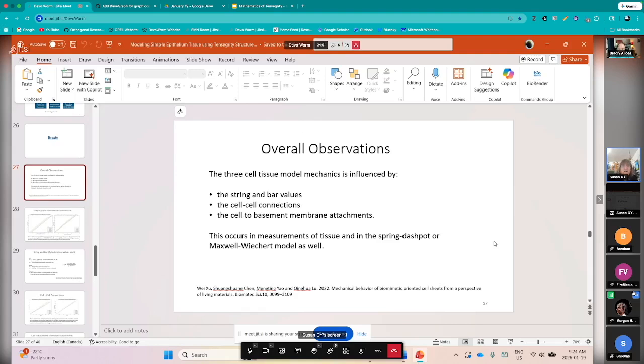So overall observations, the 3 cell tissue model was influenced by the values of the strings and bars and the connections. That was the cell-to-cell connections at the trijunctions and the cell-to-basement membrane attachments. And this occurs in other models of cells.